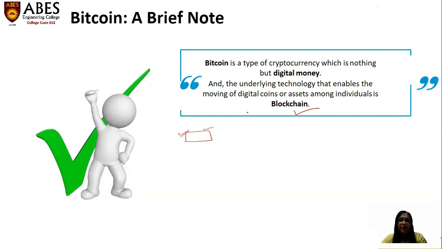The same concept works in Bitcoin. If people believe that Bitcoin has a value, we can buy something with the help of Bitcoin. It means Bitcoin is money. It means Bitcoin has a value, right?